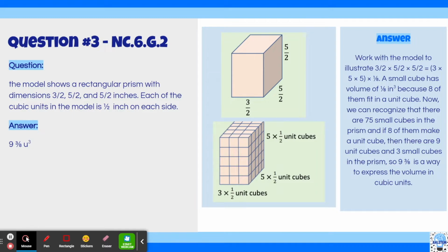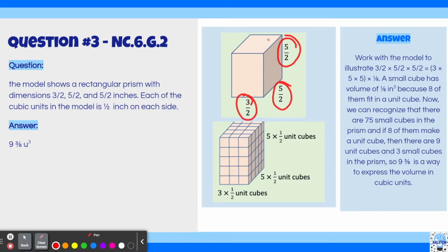So how did I do this? We have to use this model and multiply. We have to multiply all these values together, okay? So let's do that. 3 times 5/2.